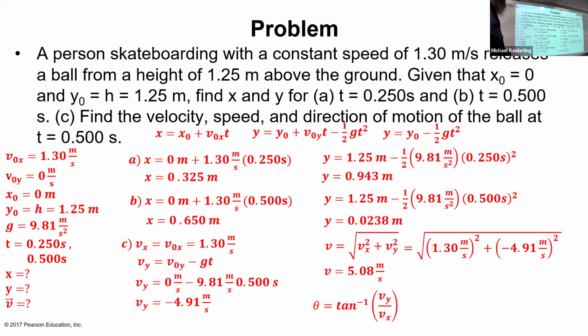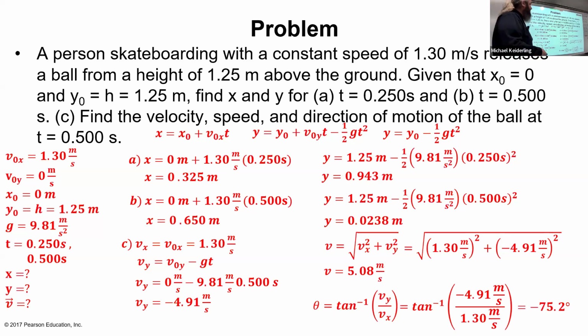And the direction is the inverse tangent of vy over vx, which is the inverse tangent of negative 4.91 meters per second over 1.3 meters per second, which is negative 75.2 degrees. Because this is pointing 75.2 degrees below the horizontal, just about to hit the ground. It's moving downwards quite a bit faster than it's moving horizontally.